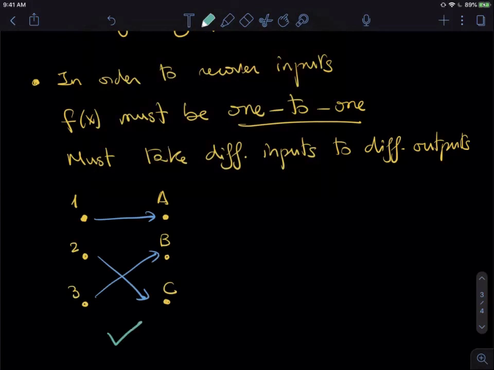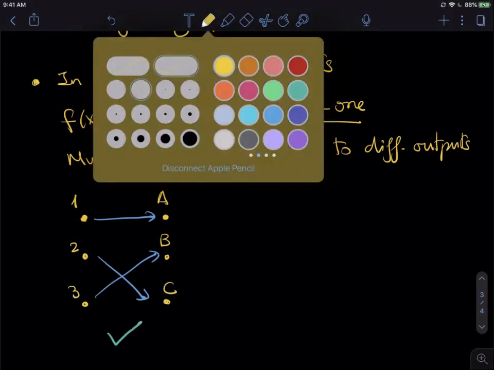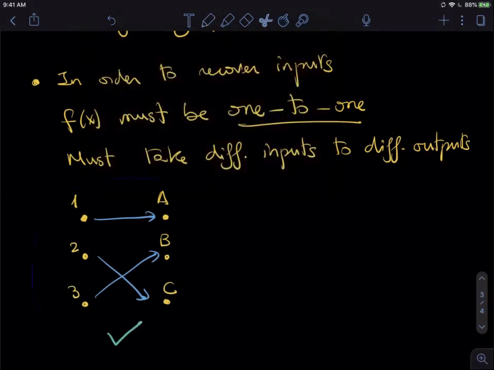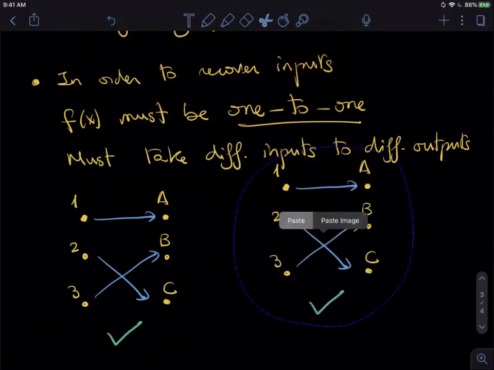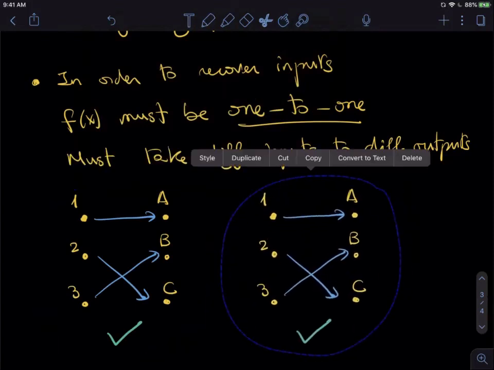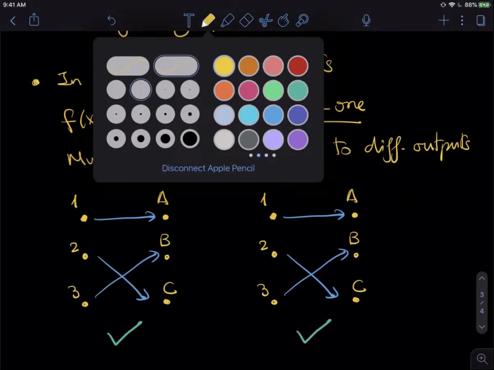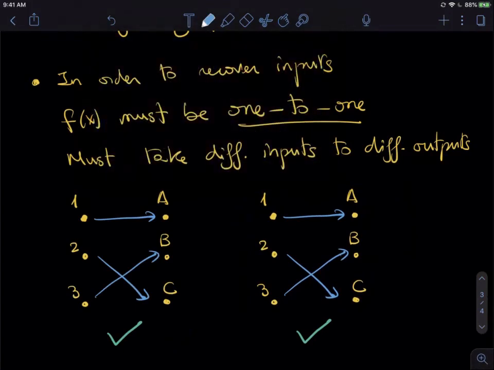Okay, but I could also decide, well, let me copy this. So let's say now I send 2 and 3 to C. Is this a function?